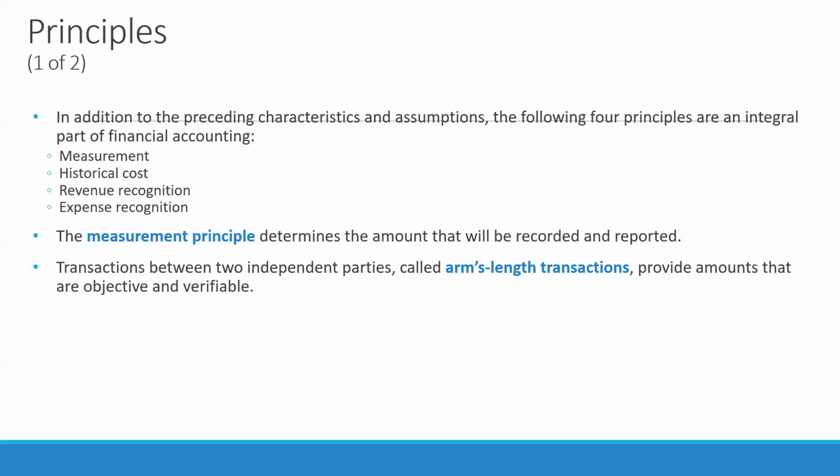So these are the principles that underlie GAAP, and they're super important. The measurement principle is the amount that's actually going to be recorded and reported. For example, historical cost of large fixed assets. If you buy a factory, that factory gets reported at historical cost.